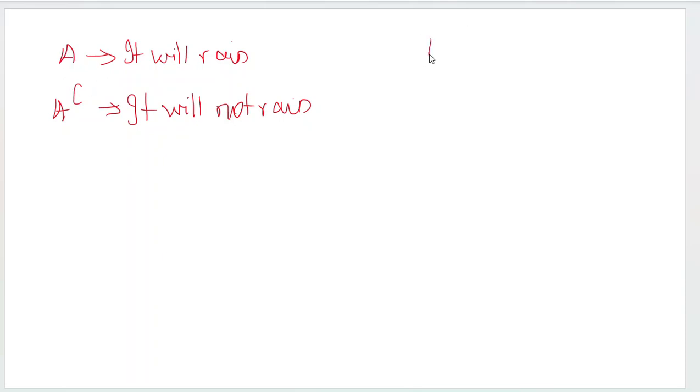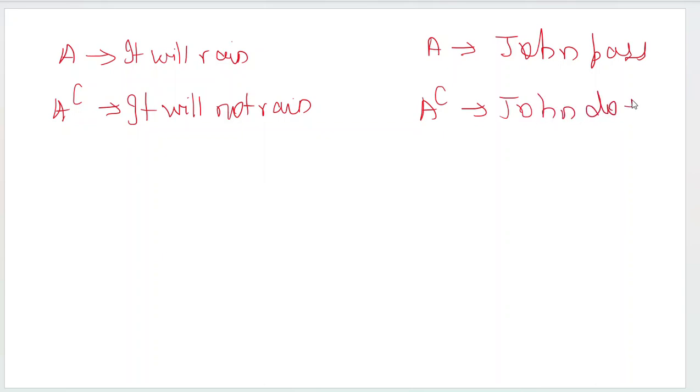So suppose A is John passes, then A complement will be exactly the opposite of what A does. In this case, it will be John does not pass, and this is the same as saying John fails. So if you want to denote something negative, we have to use A complement.